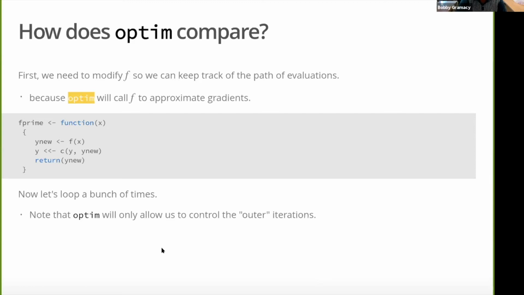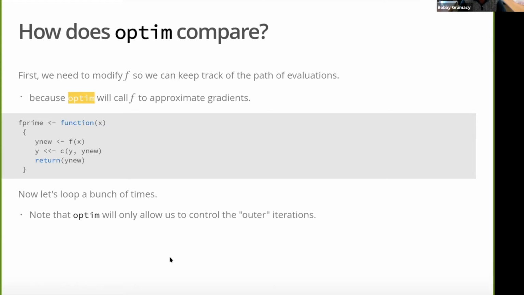Unfortunately, the optim function does not accurately count the number of evaluations of the function, and it also doesn't save those evaluations. I needed to do both of those things in order to compare it to what we just did. Now we're operating in kind of a unique framework where the number of evaluations is really important.